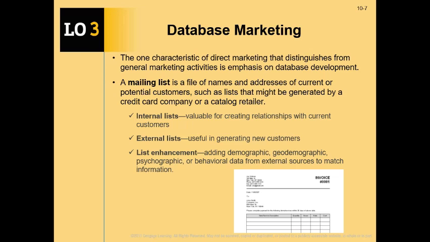And behavioral data, of course: how often they go on vacations, how often they go out to dinner, whether they prefer outdoor activities, or going to museums, or going to sports games. So these list enhancements add to the information that you have at a basic level, which is just name and contact information, right?